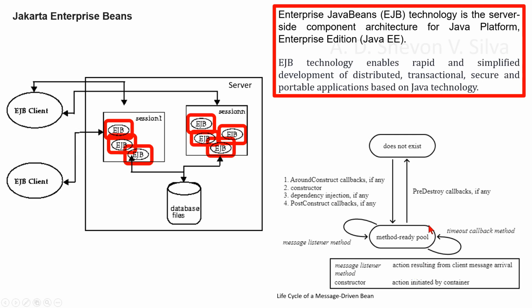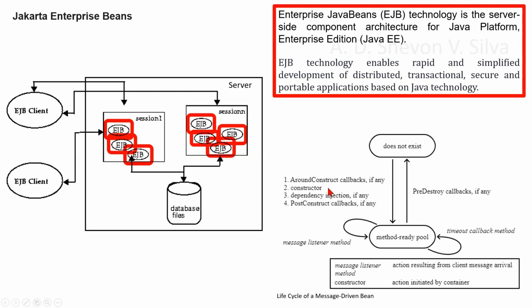The following figure illustrates the life cycle of a message-driven bean instance. The following steps describe it. A message-driven bean instance's life cycle starts when the container invokes the message-driven bean class constructor to create a new instance.